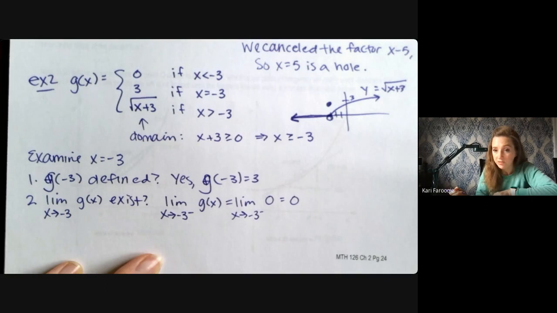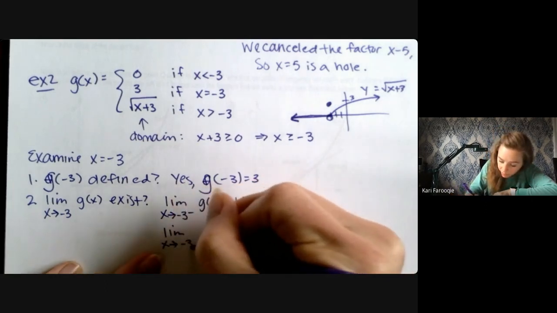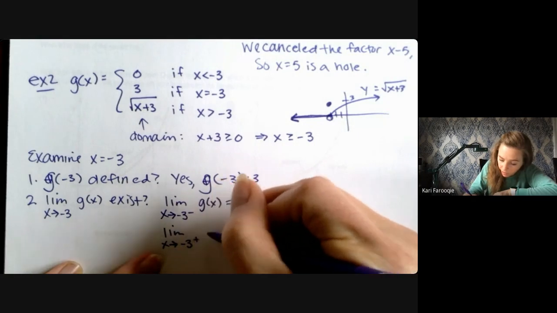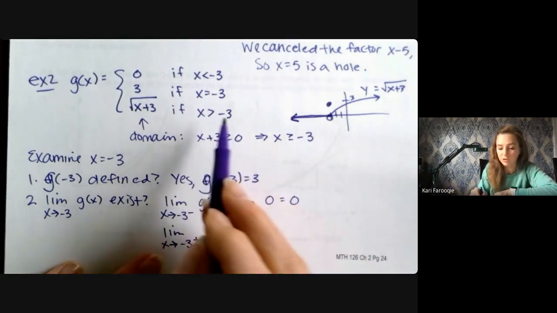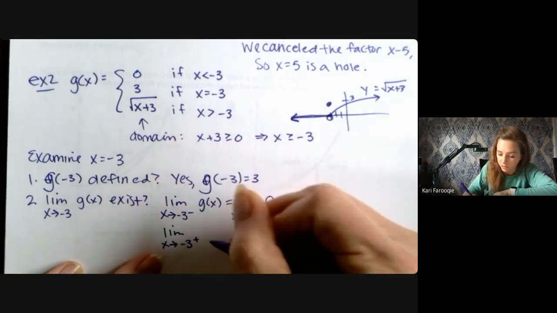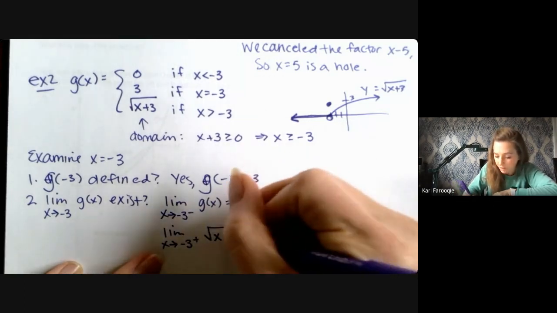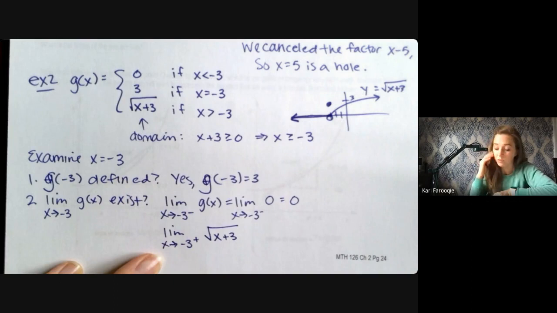Now we'll look at the right-sided limit. The limit as x approaches -3 from the right is actually going to be following this function. This one follows values that are greater than -3. So I'll plug in the square root of x plus 3.